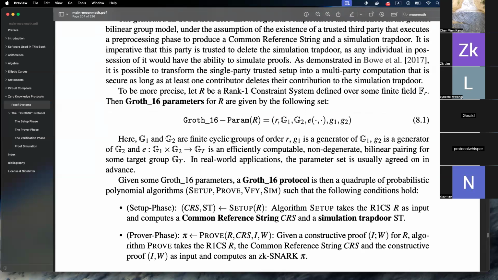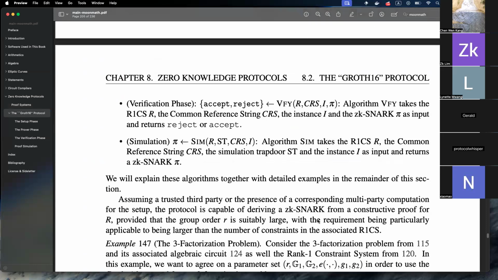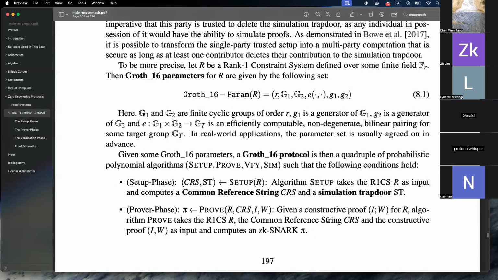Graph 16 is a proof system, and depending on the implementation, it's built upon pairing-based cryptography. I forgot the curve it uses, but it uses pairing-friendly curves, and it requires a trusted setup. It's not trustless, essentially.